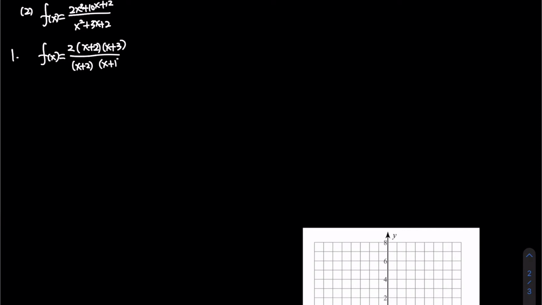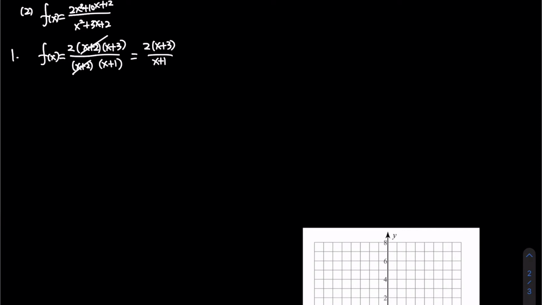Let's look at example 2. Given f of x equals 2x squared plus 10x plus 12 over x squared plus 3x plus 2. Step 1, factor. f of x equals 2 times x plus 2, x plus 3 over x plus 2, x plus 1.